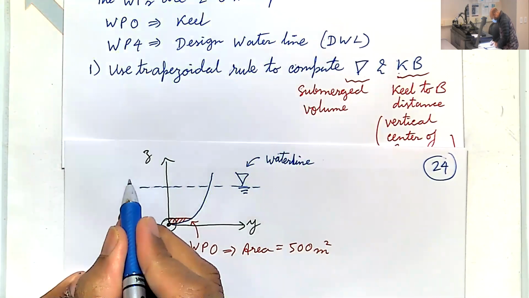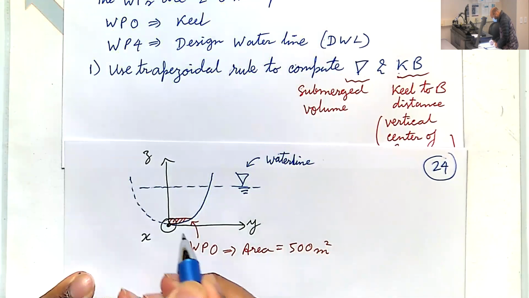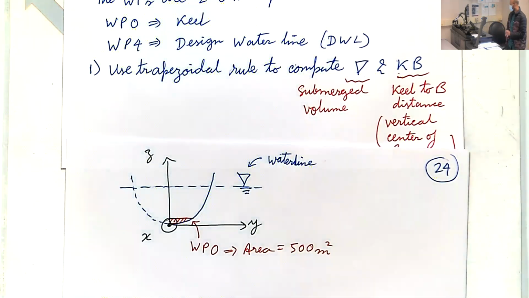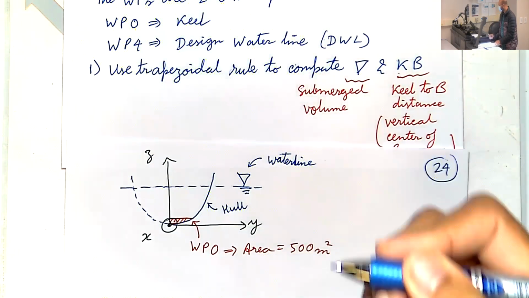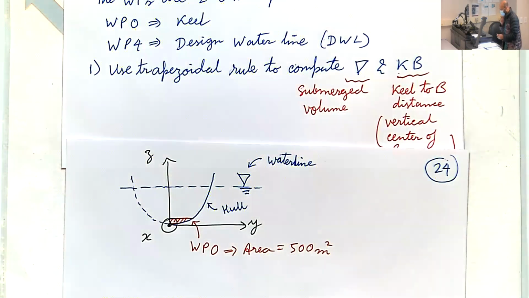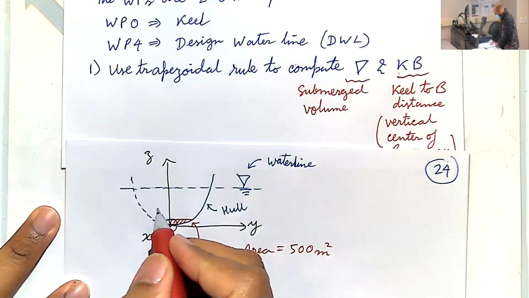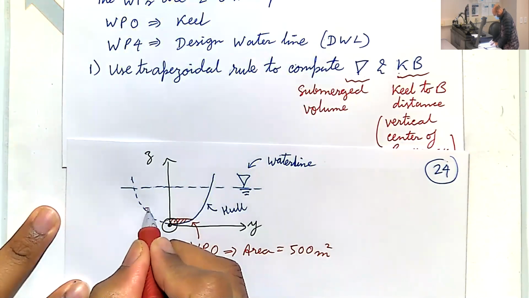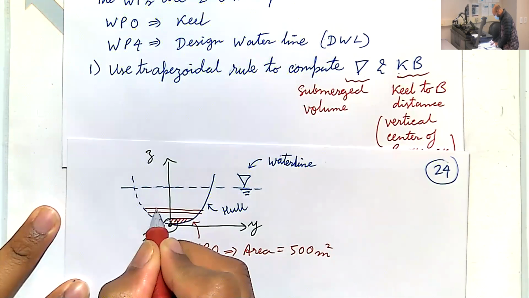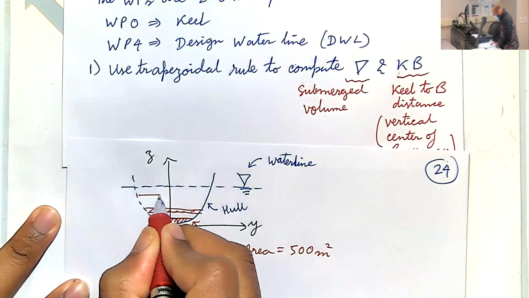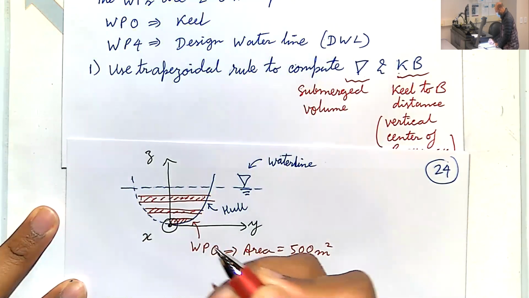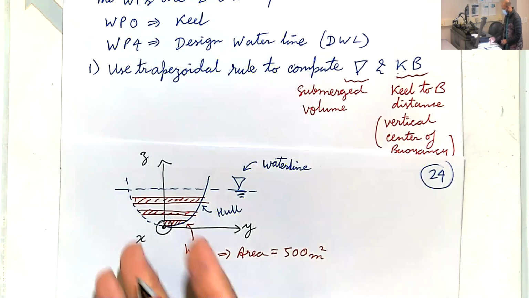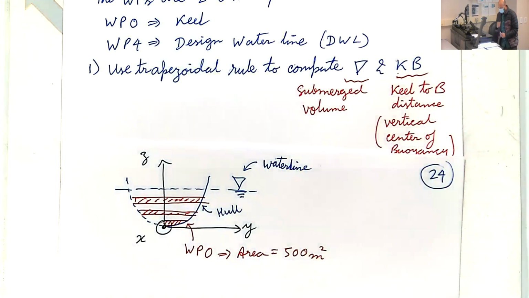So this is the hull. So that's the 0th water plane. Then the next one is over here. And you keep going, all right? So that's basically the slices that the data is given to us. I've only drawn 3, but the question gives us 5 different water planes. Okay, fine.